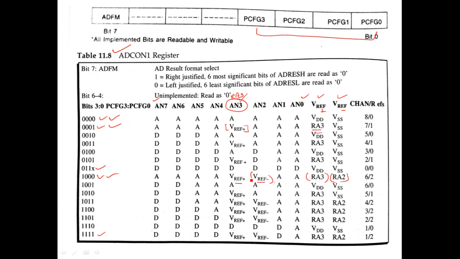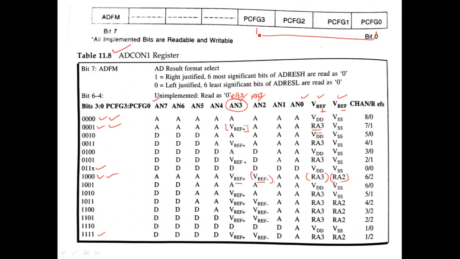In that case, these two pins will not carry analog input signals, but they will carry the reference voltage. That's how we can adjust different combinations, different possibilities, with the help of these 4 bits. Is it clear? Okay, with this we have seen that.